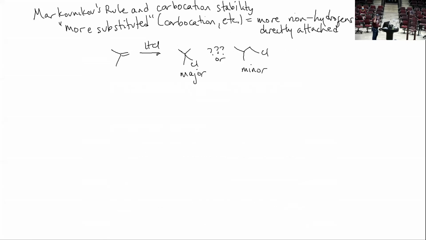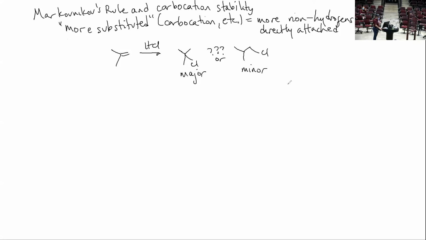Good. So that's where Markovnikov's rule is going to come into play when we've got a carbocation intermediate. Now, not all reactions have a carbocation intermediate. Some do, some don't. But where there is a carbocation intermediate, we're going to find that we've got a chance at applying Markovnikov's rule. And that's especially in these addition reactions of electrophiles to alkenes.